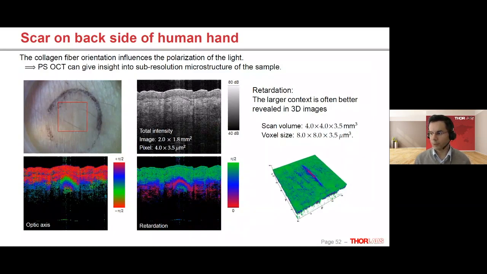Yeah, so the optic axis says what is the direction of the slow axis. So what is the geometric direction perpendicular to the incident light that is retarding the light, the phase, and the retardation is by what amount it is retarded.